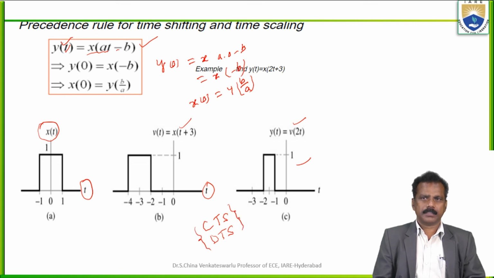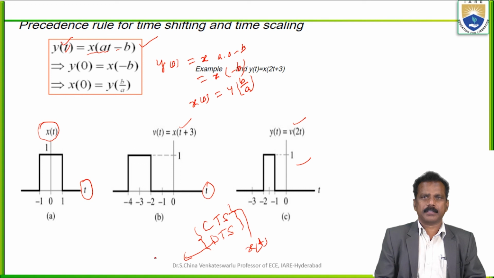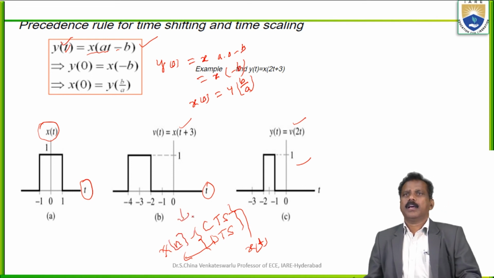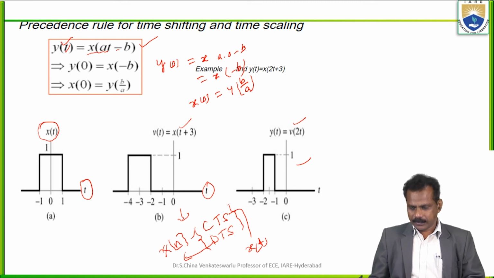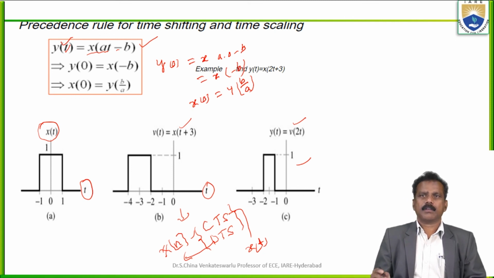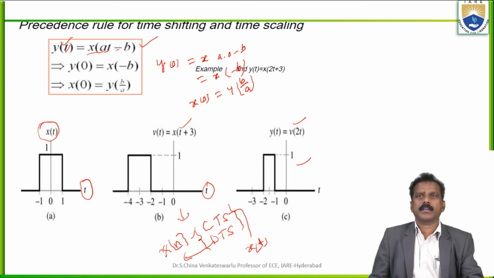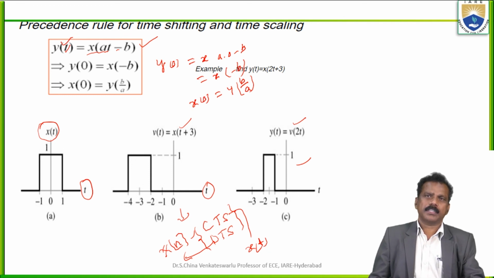The continuous time signal is written as x of t, whereas the discrete time signal is written as x of n. This is all related to elementary signals, and how their variation is reflected mathematically and graphically. Next we will see discrete time signals, how they vary and how they are reflected.